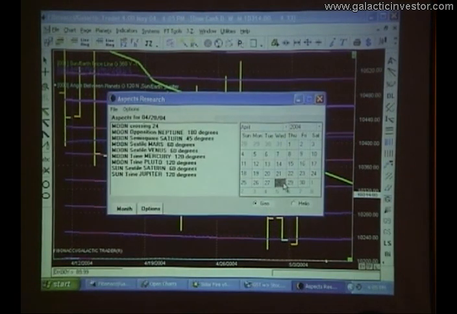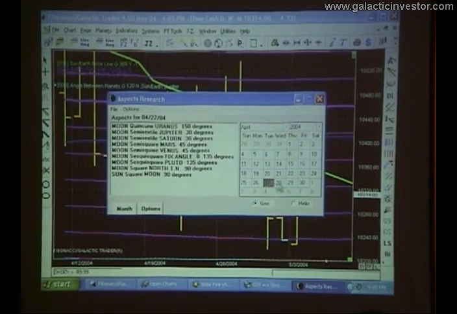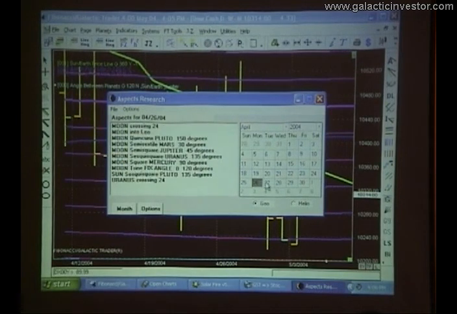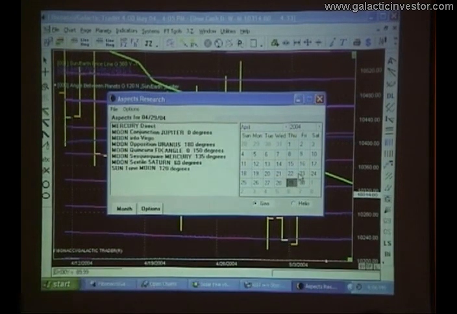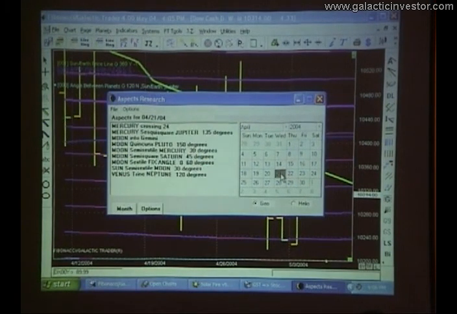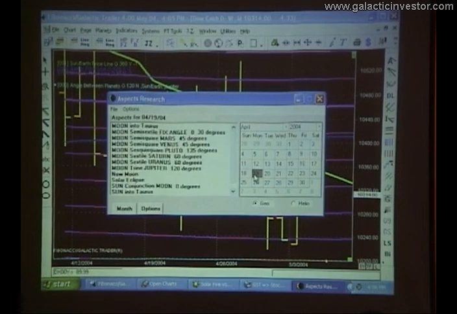We also had a Mercury trine Pluto aspect. If you go to aspect research, this is kind of a longer term trine that began the previous week. Here are all the aspects.